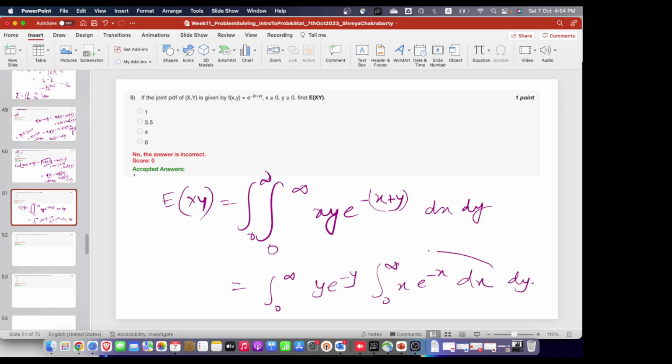Alright, so we could solve this part by parts, or if we are judicious enough, this is the expectation of some z where z follows exponential 1. The mean of z where z follows exponential 1 is also 1, so this entire thing will be 1.